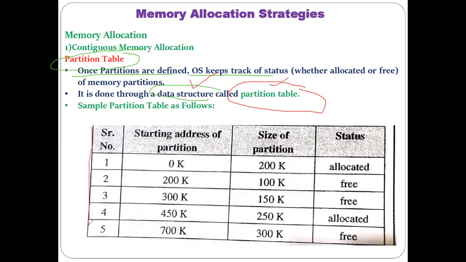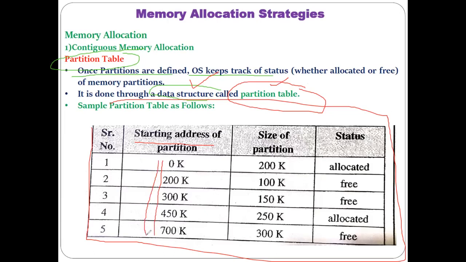This is the sample partition table I have shown you here. The starting address of the partition shows from which address that block of memory starts. The size of each partition is shown here. Whether the partition is allocated or free is recorded in the status column.